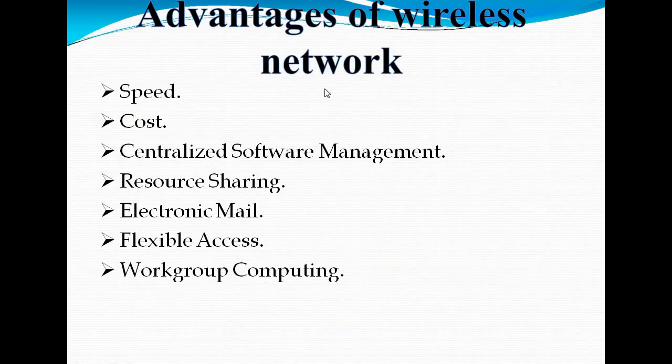So the advantages of a wired network are speed, cost, centralized software management, resource sharing, electronic mail, flexible access, and work group computing. All are advantages of our wireless network.